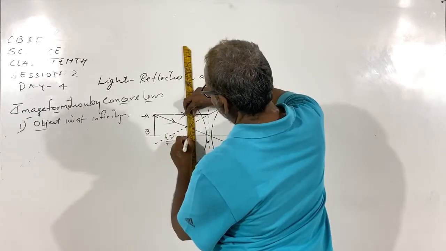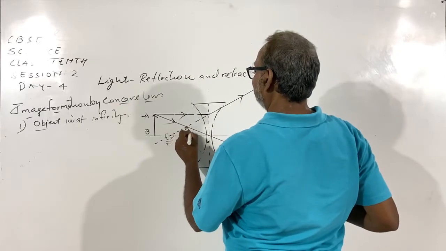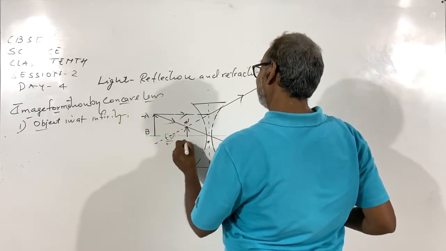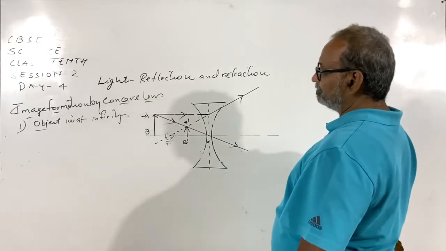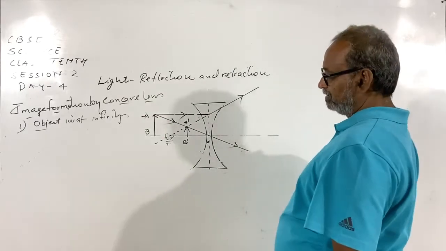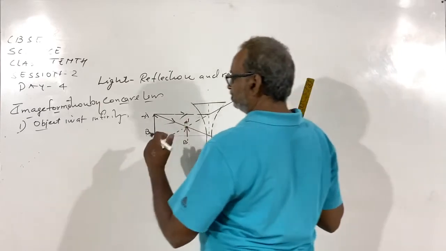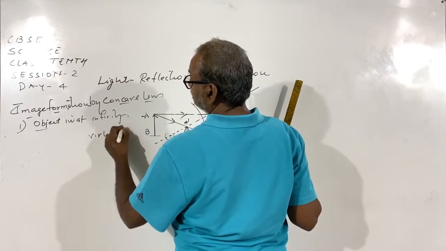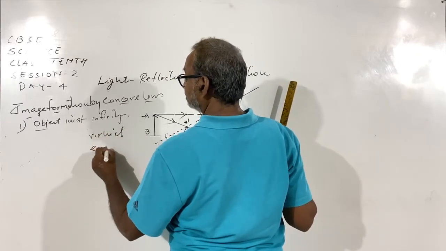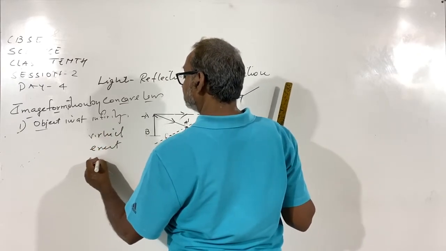So this is the image of the object. Now you can see whatever be the position of the object, a concave lens always forms a virtual, erect and smaller image.